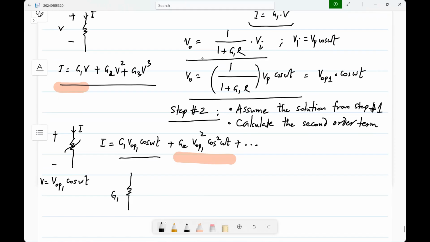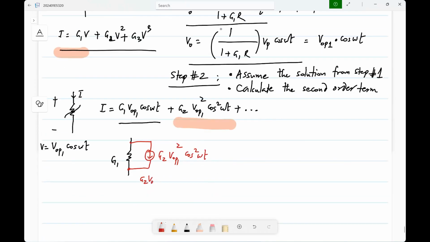And the second order term is now represented as an additional current source. You now see the common theme, right? Any error can be represented as an additional source. In this case, I have expressed current as a function of voltage, so the additional source is also a current source. This current source has a value G2 VOP1 square cos square omega t. So you can clearly see now the nonlinearity is itself adding a second harmonic current.